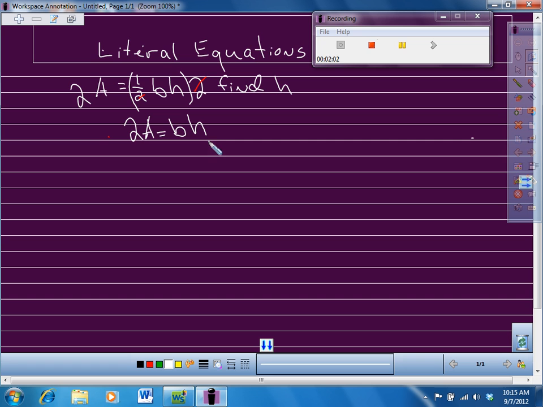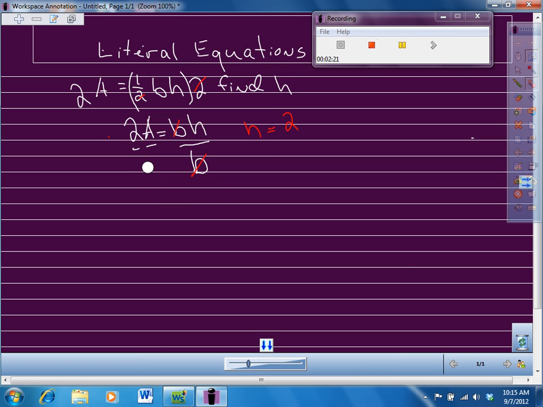Divide. So I'm going to divide both sides by b, okay? And then I could cross out the b's on this side. And what I'm left with is h equals 2a, what?